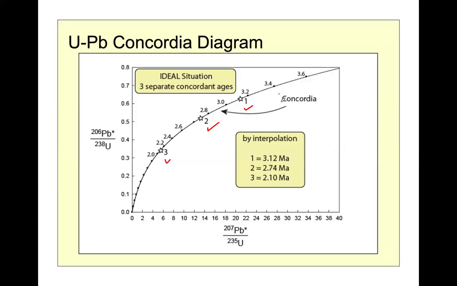That means on the Concordia itself, you have the data points. So how can you explain their behavior? They are 100% concordant because they are exactly plotting on the Concordia curve. They are not discordant. They are concordant, right? So these 3 points will give you 3 separate concordant ages, right? That means three timings, right?